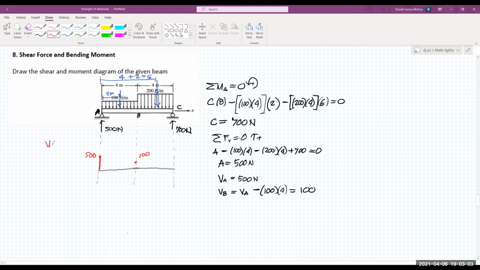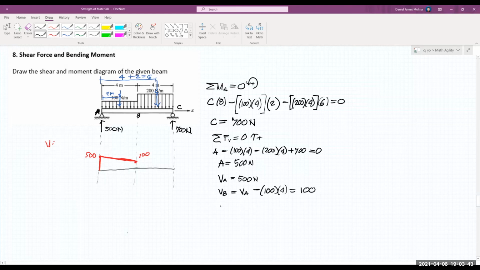Now we have a zero degree load at the beam. To show the degree of the curve for the shear, we add 1 to its degree. So it's a first degree curve along AB. So we have an inclined straight line from A to B. The given drawing is not to scale.